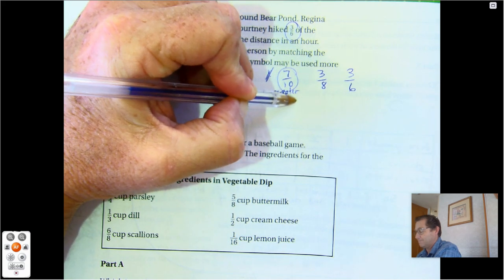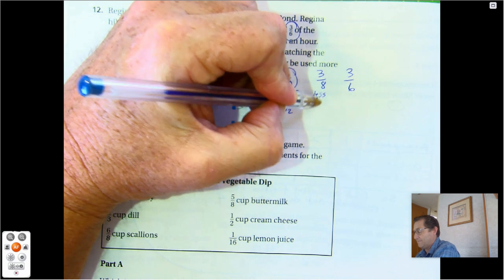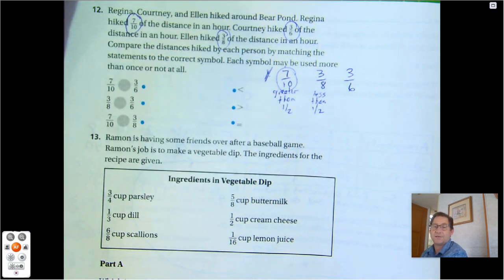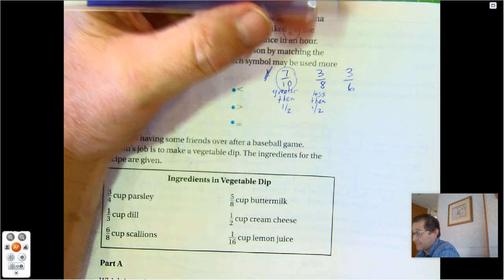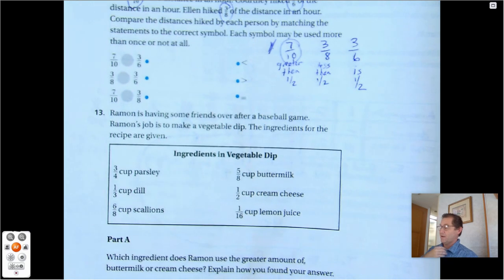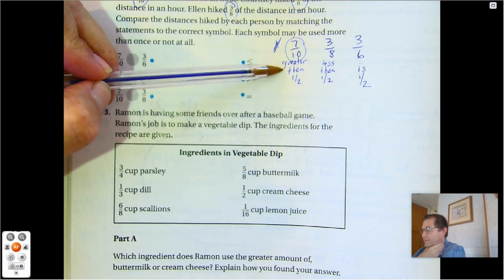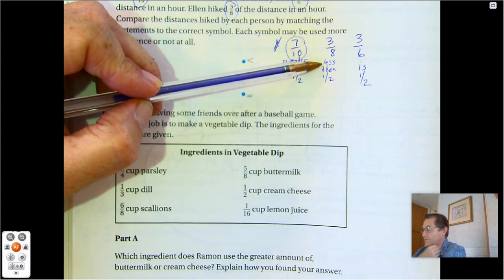This one, less than a half. Right? Because half of 8 is 4. 3/6, half of 6 is 3. So that is 1/2. Okay, so I know that the largest one is 7/10. The smallest is 3/8. And in the middle is 3/6.